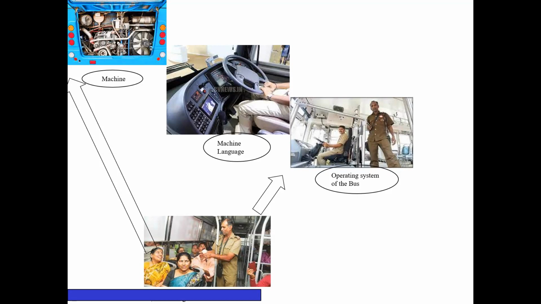In a computer framework, the functions done by the conductor and driver are called the system software, or commonly the operating system. The operating system accepts high-level commands from the user.